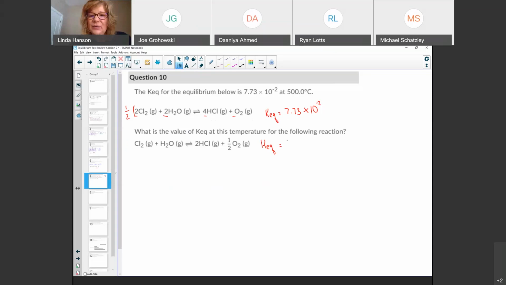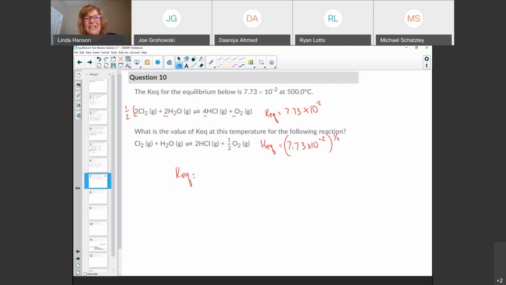So again, just a reminder, what we're so tempted to do is to take the original K constant and multiply it by 1/2, because that's what we would do in thermodynamics with a delta G or a delta H, but not with equilibrium constants. We raise it to the 1/2 power, and that becomes the new K constant for our reaction.